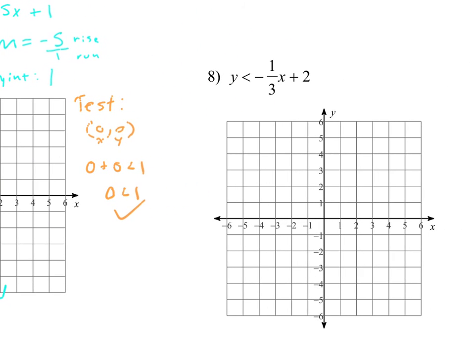And our slope is rise over run. So we're going to go down 1, since that 1 is negative, and to the right 3. Put a point there. Do we connect our points with a solid line or dotted line? A dotted line.